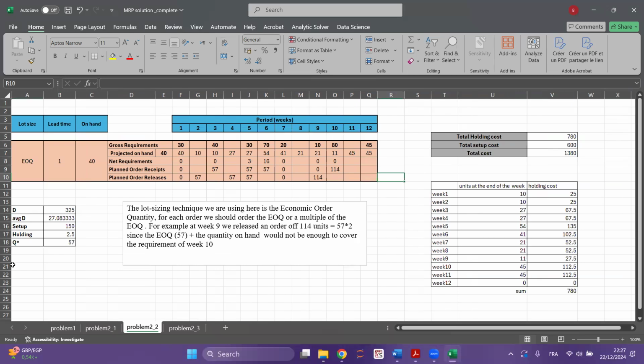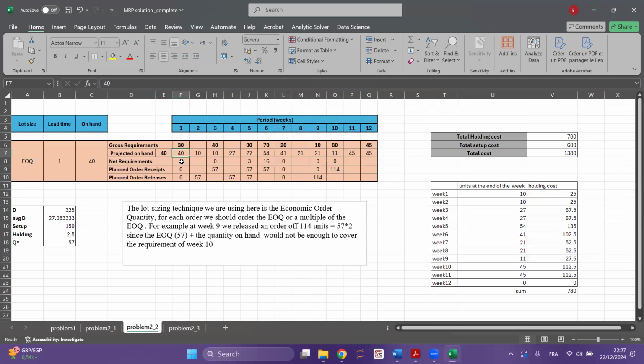Then we're going to be doing the same thing using the economic order quantity. I believe you are familiar with these calculations. We already did them in the inventory management chapter. So nothing really changes here. We're just going to have to order either the EOQ or a multiple of the EOQ. In the first week, we have 40 units on hand.